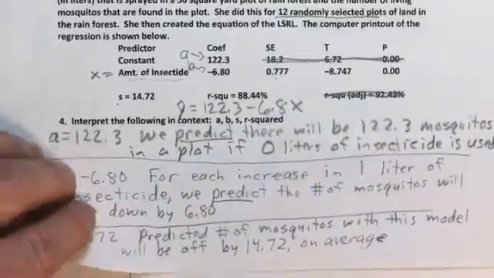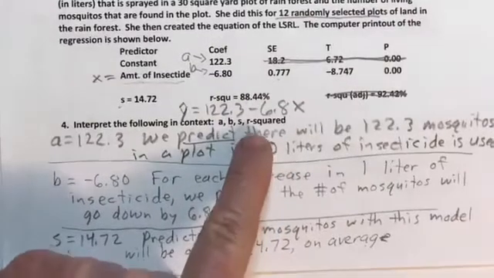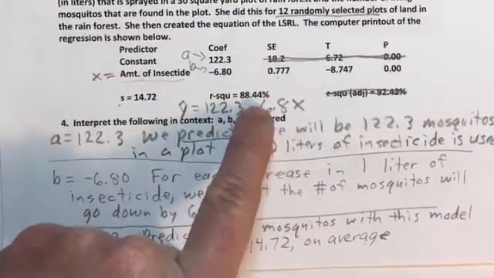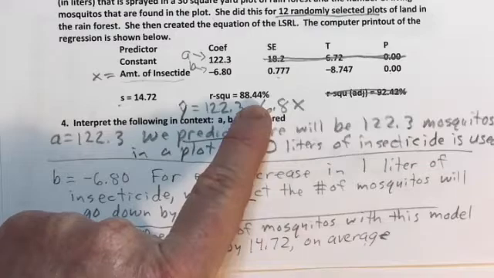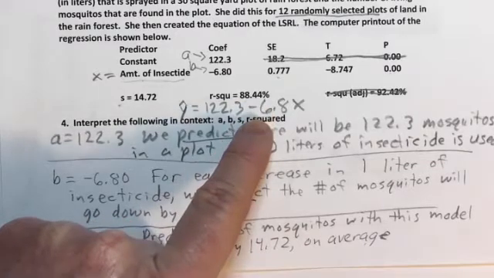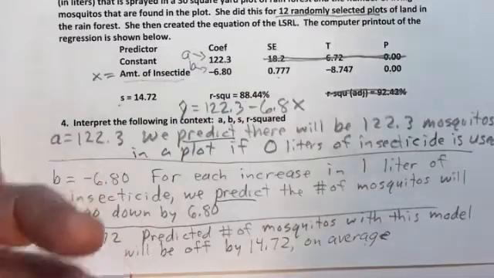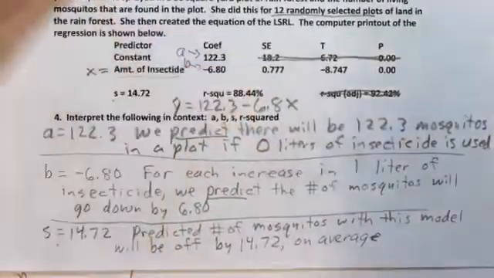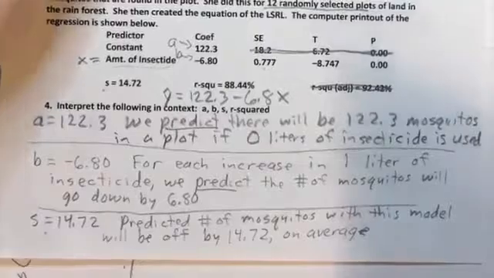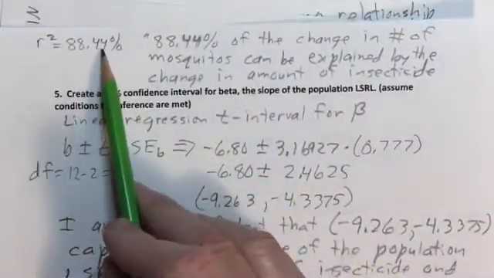All right. And so then we've got R squared. R squared, this number, is the percent of the change in y that can, in essence, be explained by the change in x. You have to memorize that. It's the percent of the change in the number of mosquitoes that can be explained by this model. R squared is 88.44%.